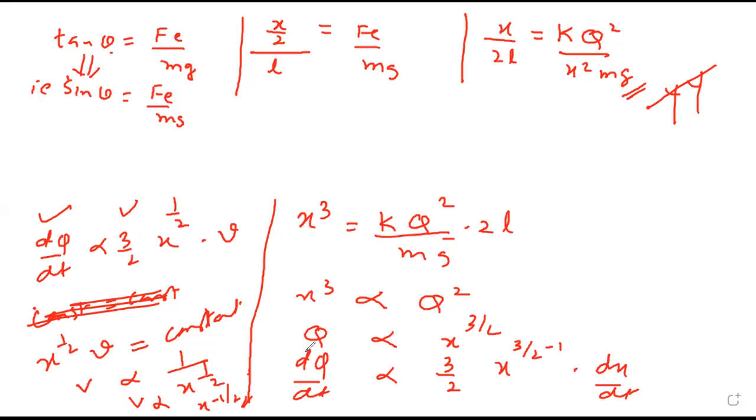So even after taking the derivative, we have to write dx by dt. Why did we write it? See, in maths, have you heard? If y is x to the power n, then dy by dx is n x raised to n minus 1. But if you are differentiating with respect to t, then an extra dx by dt comes.